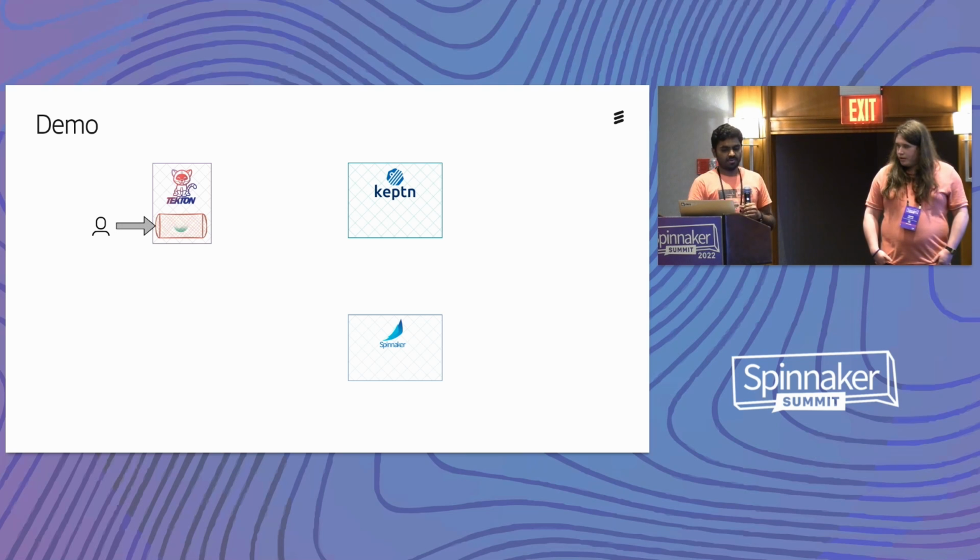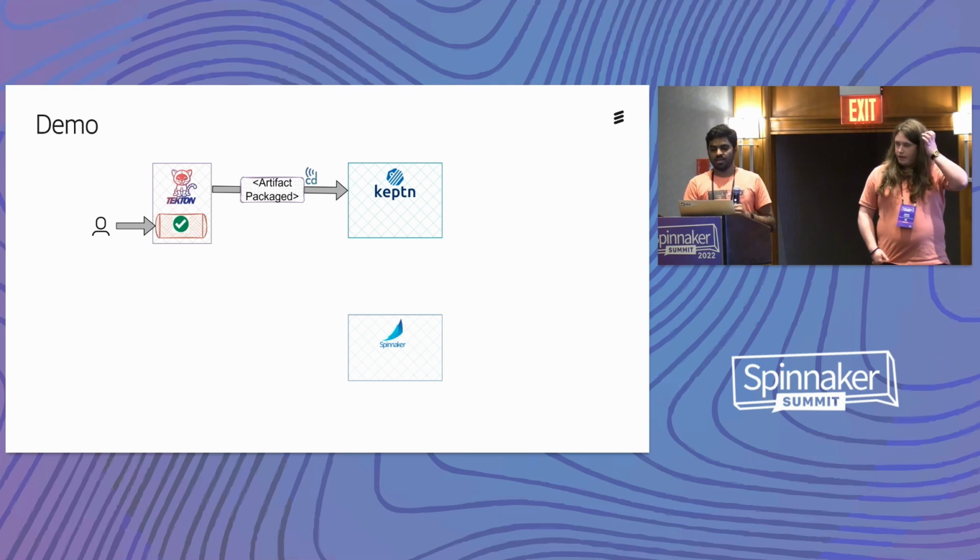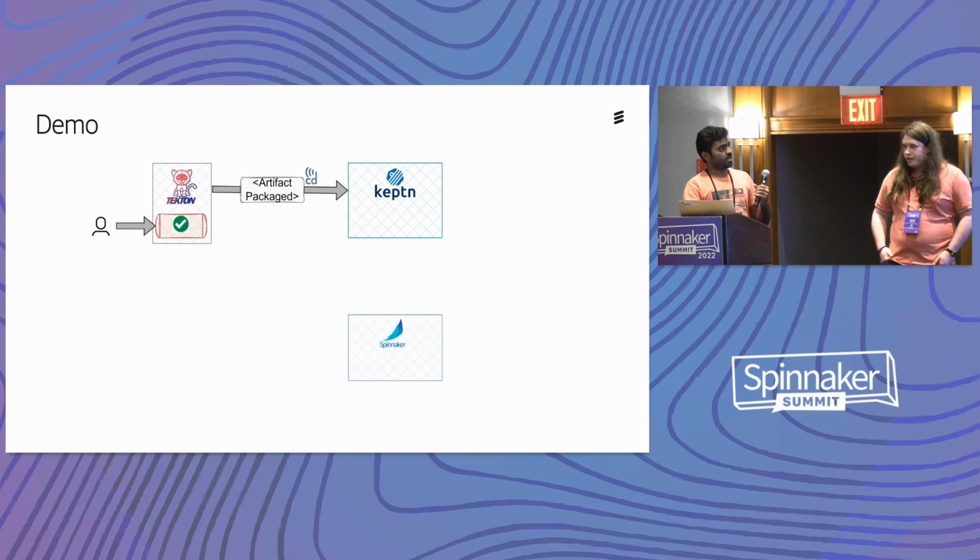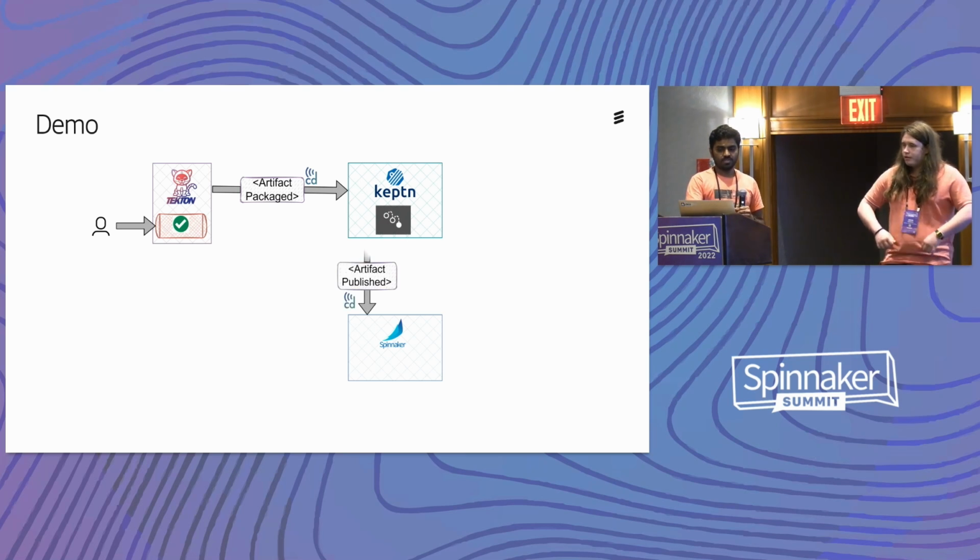Let's say we are using Tekton to build an artifact. The user triggers a build in Tekton, and once the build is successful, Tekton produces an artifact packaged CD event, and that is subscribed by Keptn. Keptn gets the notification and runs a manual sequence to approve the artifact, and it produces an artifact published CD event, which is subscribed by Spinnaker.